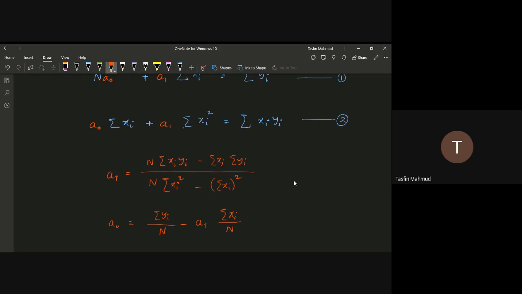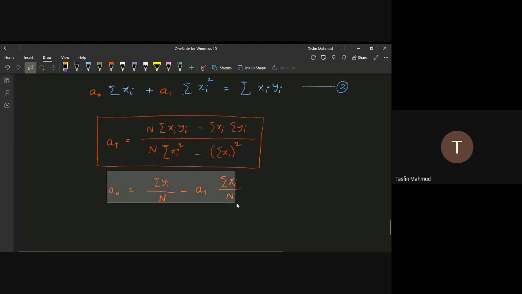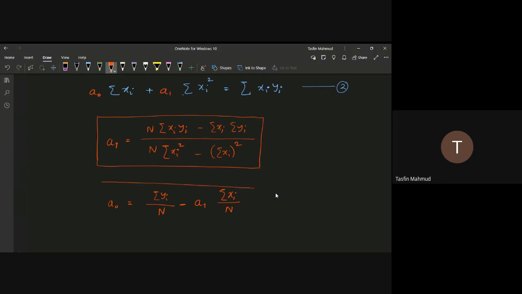So these are the two values that we were looking for. This is a1 and this is a naught, the two coefficients for the straight line. As we know the two coefficients now, we can fit a straight line that will minimize the error for the given data points.